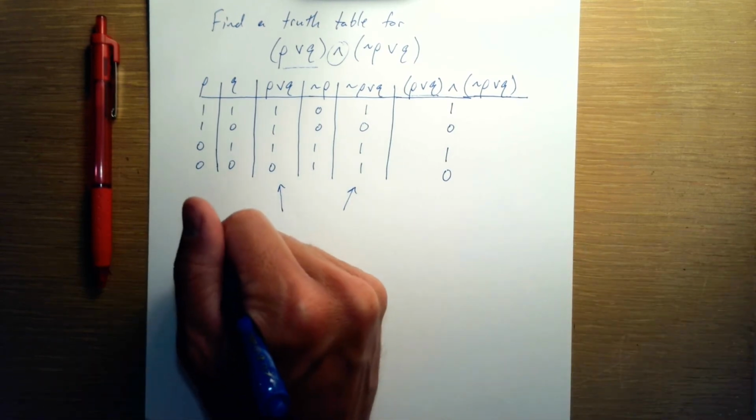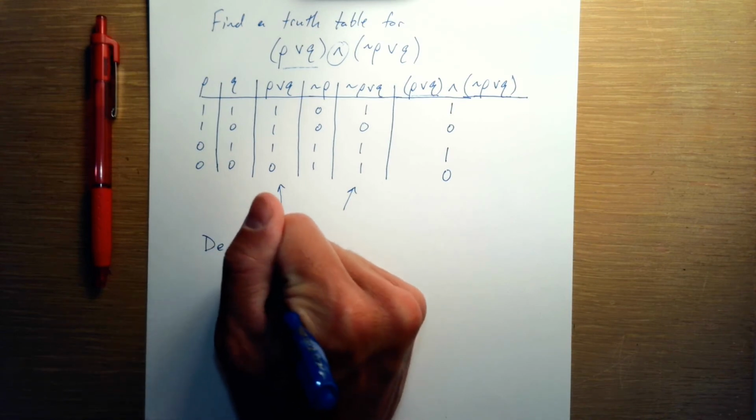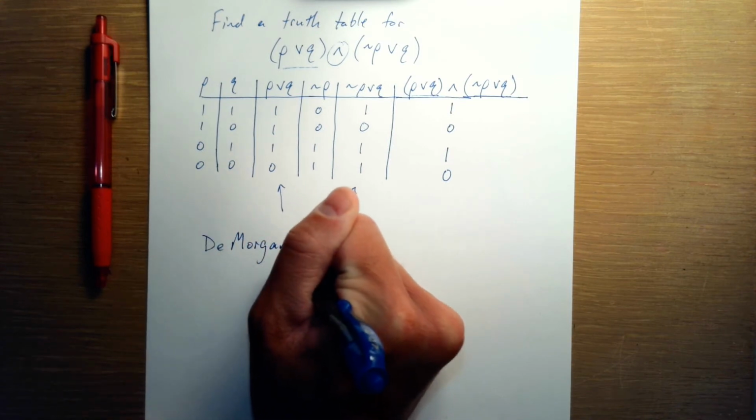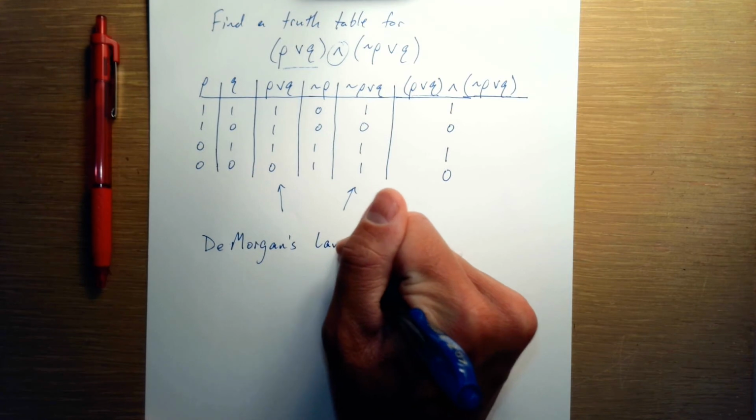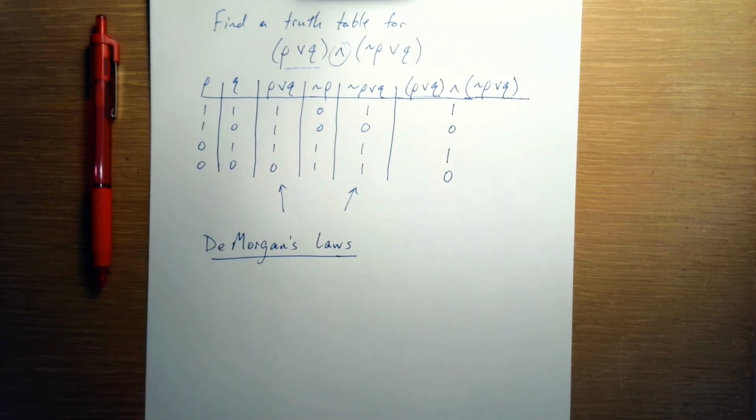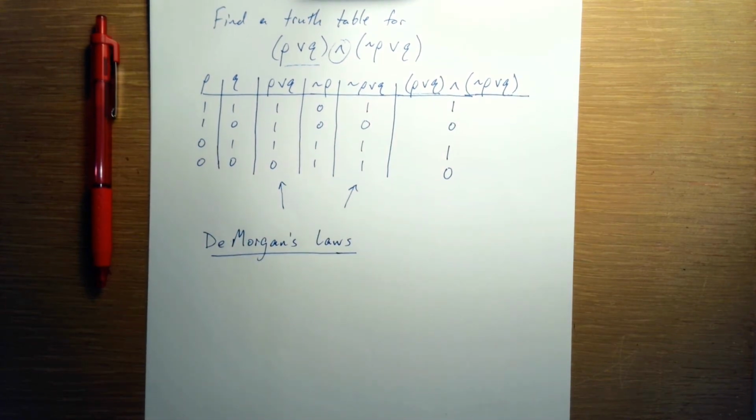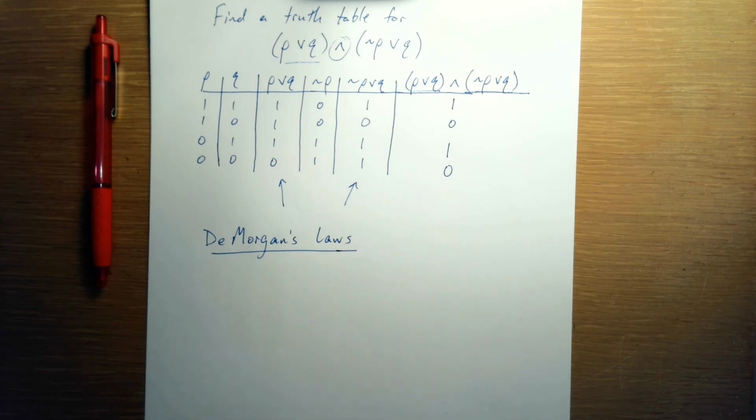So I want to go over quickly these two laws called De Morgan's laws. And these are two of the most important foundational building blocks for logical statements. And they're called laws because they're not assumed to be true. They can be shown to be true by truth tables, but we won't go through that in this video.